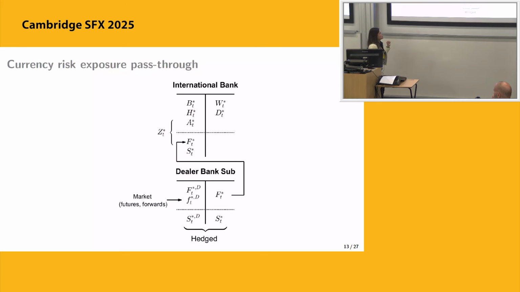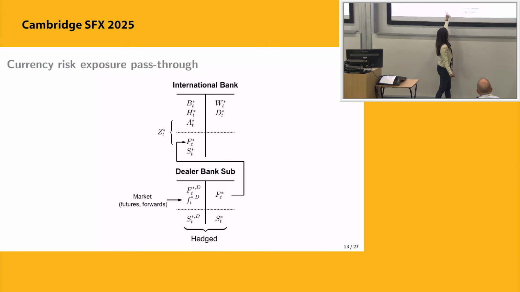This is important. Let me just quickly say, the dealer receives the demand for currency risk. But of course, as a dealer, it doesn't keep it on its balance sheet. We all know dealers are just in the business of intermediating. They don't take risks themselves.